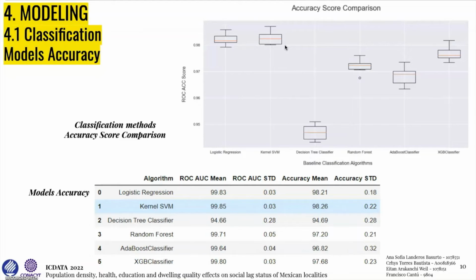Logistic regression and support vector machines are supervised machine learning algorithms, and both are used to solve classification problems. Logistic regression and SVM with a linear kernel behave similarly, but depending on the features used, one may be more efficient than the other. The decision tree is the model with the lowest accuracy score.